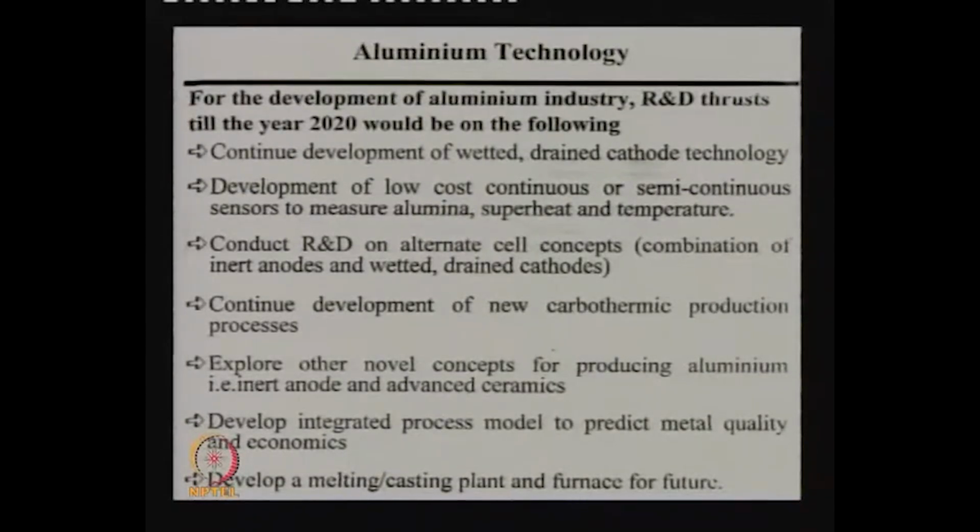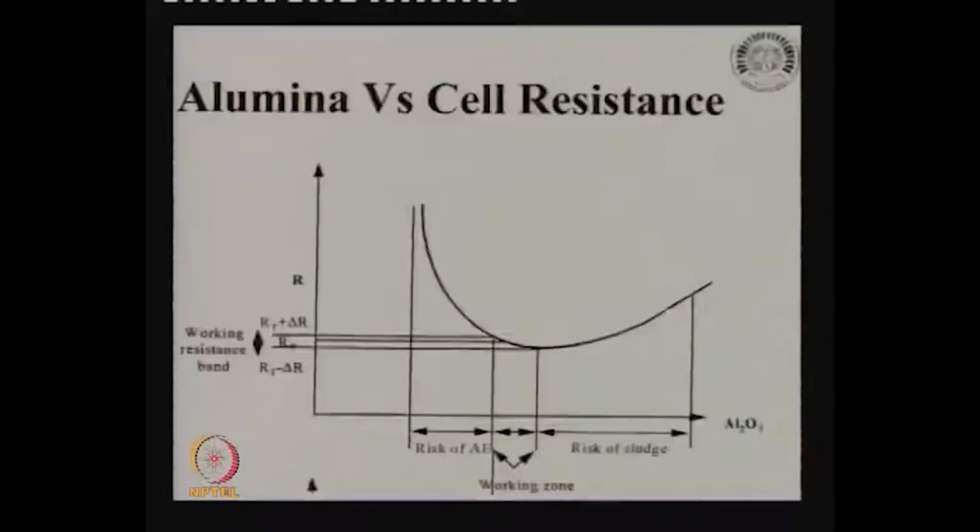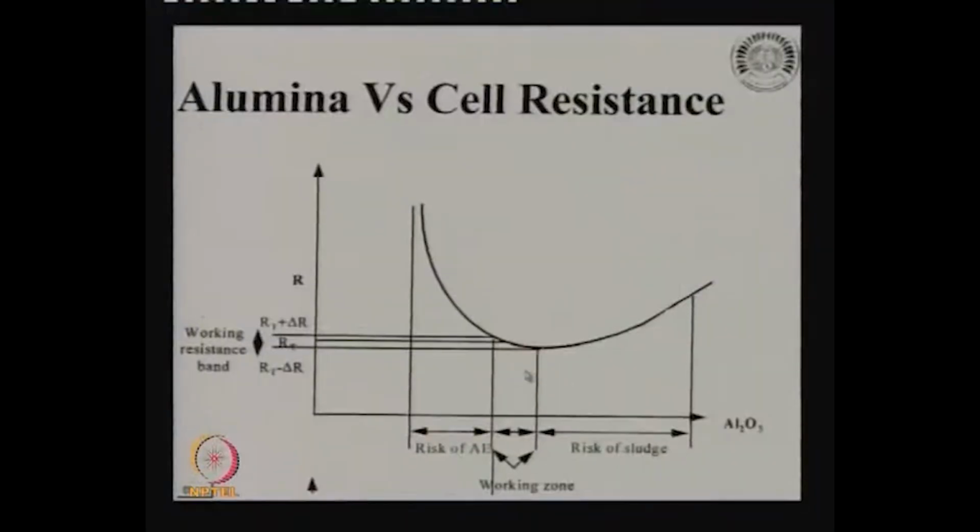There was a list of R&D thrusts that I discussed, all related to what I just mentioned, and then discussed the very tricky operation of aluminum cells. There is a very small window. The working zone is very small.